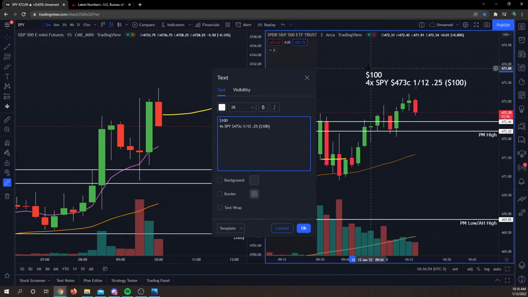Now, if we see this pop, where we pushed and made a new high of day because we were breaking over a pre-market high, we retested our high of day. Let's say during that time, our 473 call with a 1/12 expiration is now worth 0.50.